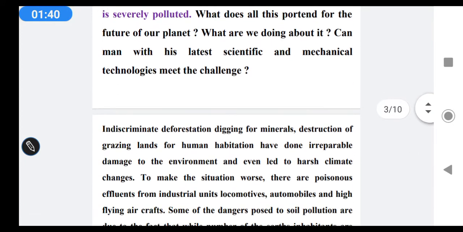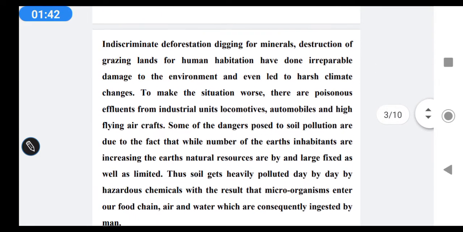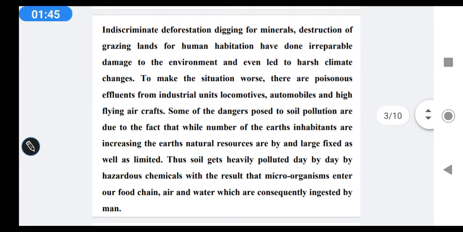You can see the third slide in detail. Indiscriminate deforestation, digging for minerals, and destruction of grazing land for human habitation have done irreparable damage to the environment and even led to harsh climate changes.